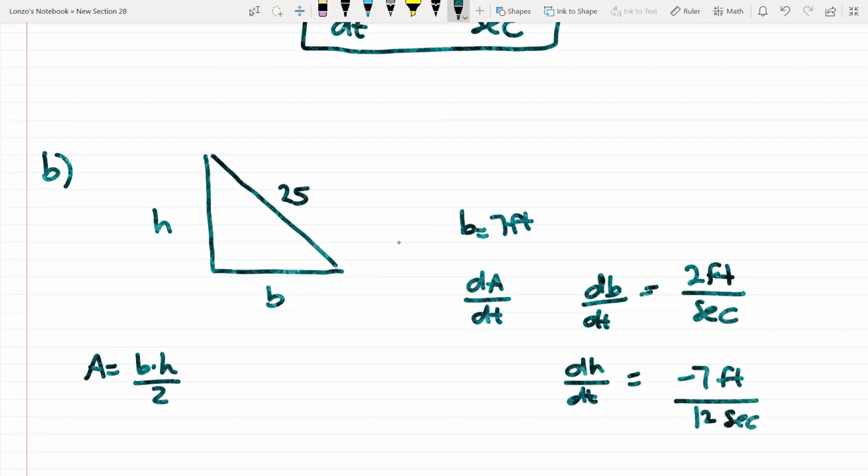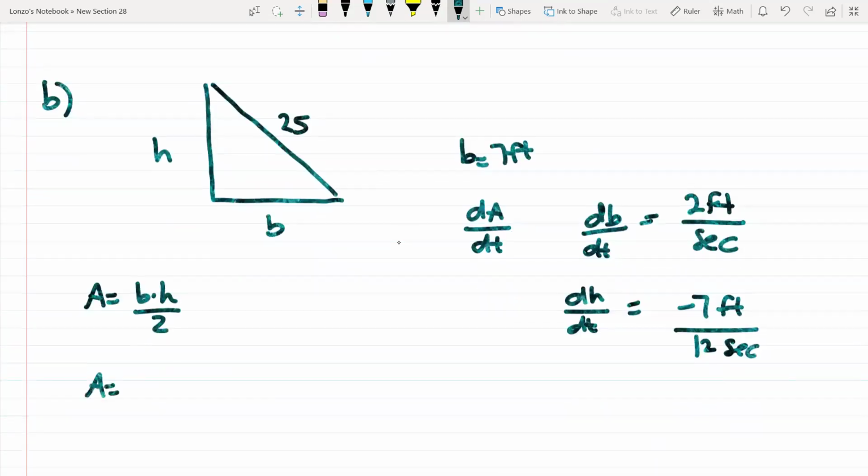Okay, so let's see here. So if we use the formula, A equals 1/2 base times height, oh, darn. What we have to do, we have to take the derivative implicitly.